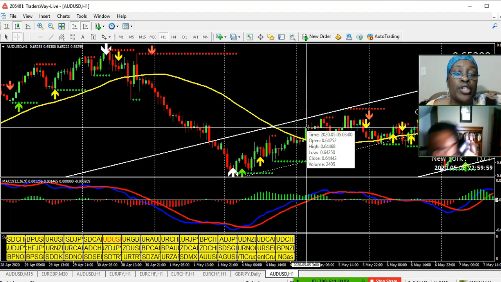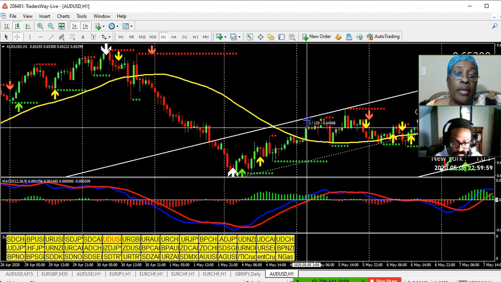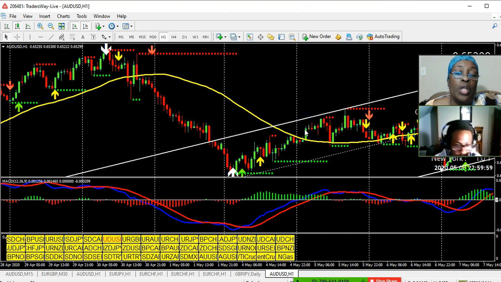So what we do is we measure the close of the candle to the trend line, right? We measure that. And we're looking at about 12 pips. Now, 12 or more pips is good.